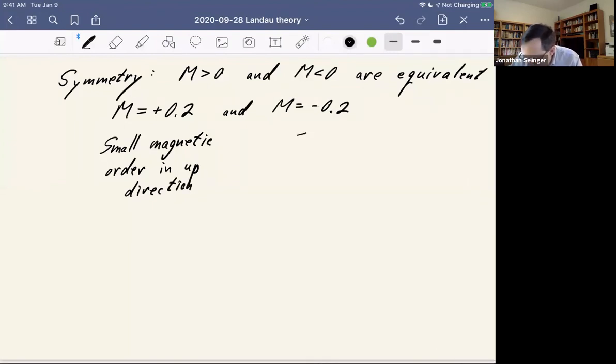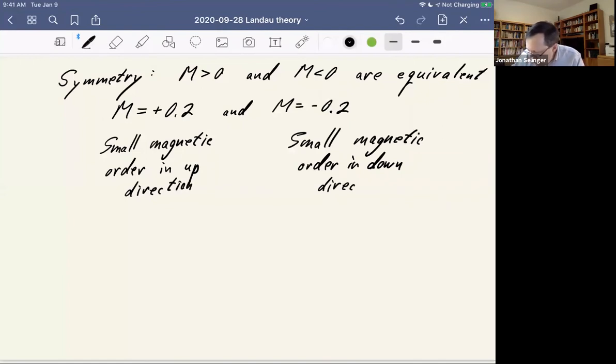And this one is some small magnetic order in the down direction. So these are two different directions of magnetic order, but they're the same magnitude of magnetic order.